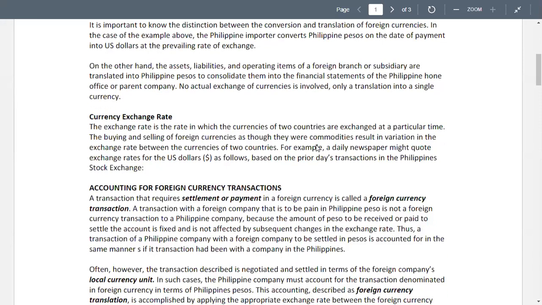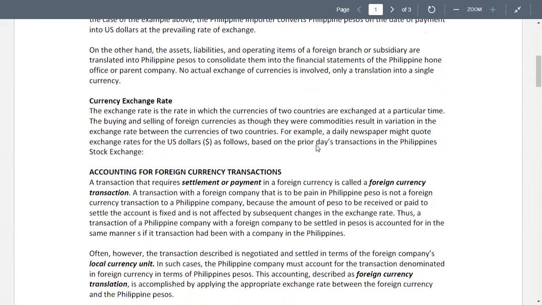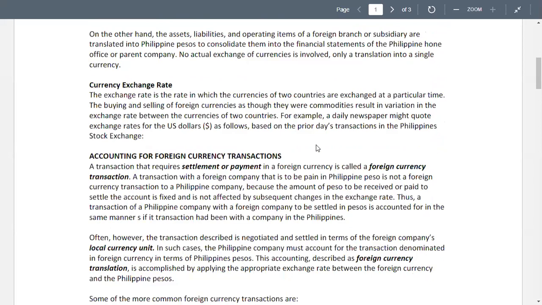Often, however, the transaction is negotiated and settled in terms of the foreign company's local currency unit. In such cases, the Philippine company must account for the transaction denominated in foreign currency in terms of Philippine pesos.